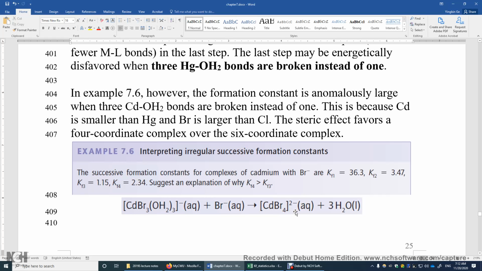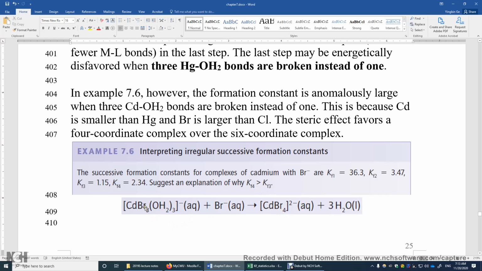So again, there are 2 factors here. It is true, now we'll have to break 3 bonds and form only 1 new bond, but also the steric effect prefers this cadmium to form a tetrahedral complex with just 4 bromido ligands. So overall, that's why Kf4 is greater than Kf3.